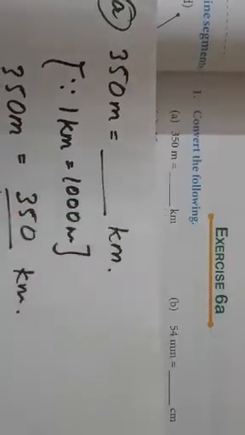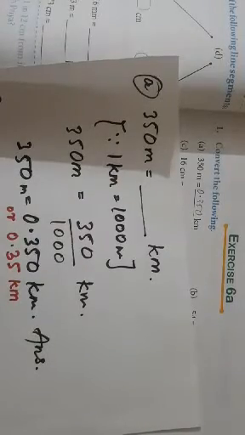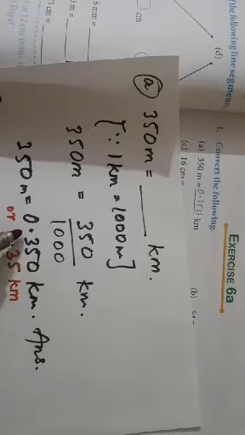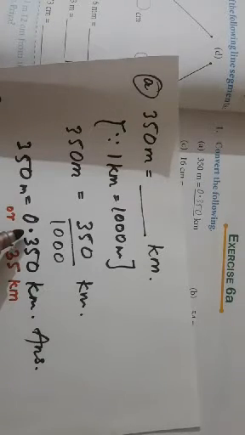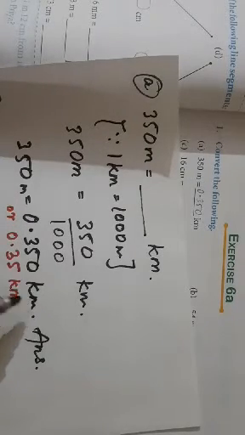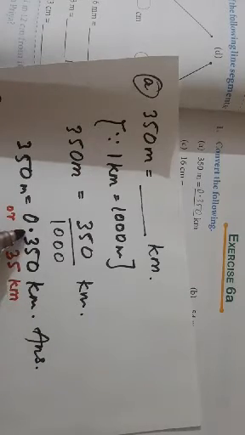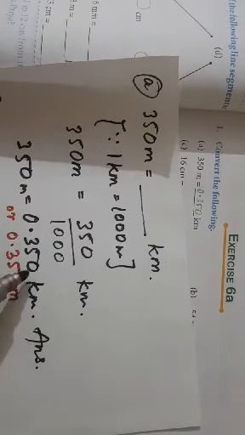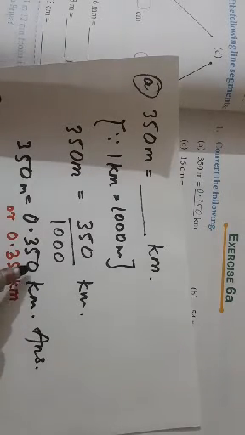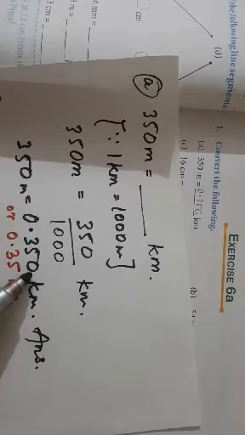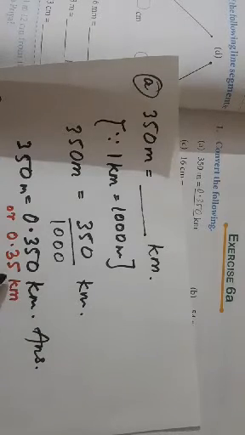So this is the answer of this question. Here one more thing I want to mention is that whether you write down this answer as decimal 350 kilometer or decimal 35 kilometer, both are correct, right? Decimal के बाद number लिखने के बाद last में जो zeros लगाते हैं, उन्हें हम mention करें या नहीं करें, like here I have mentioned that 0, but in the second one I haven't mentioned.